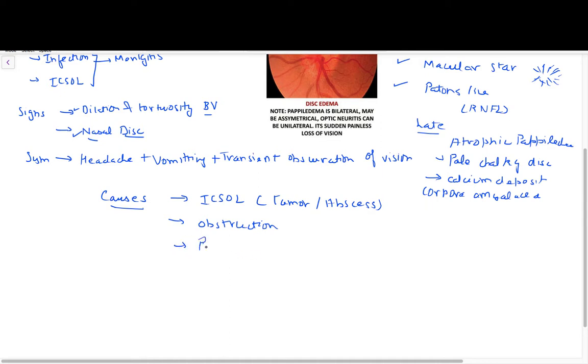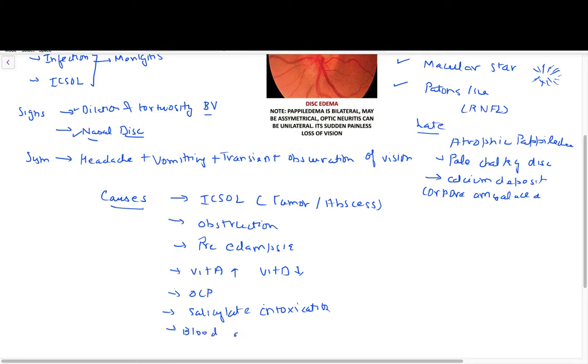Then a few important causes that you should know are preeclampsia, vitamin A toxicity, or vitamin D deficiency, sometimes OCPs, salicylate medication, blood dyscrasias, and spinal cord tumors. These can also lead to papilledema.